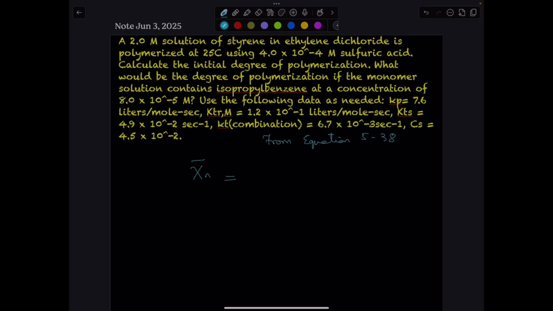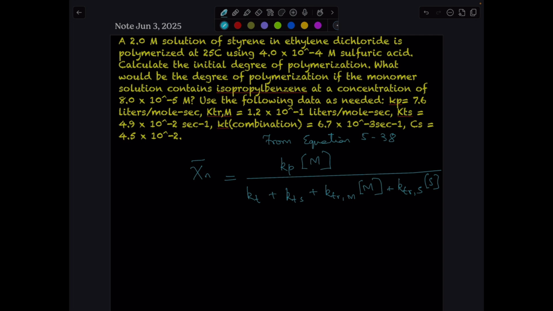Degree of polymerization is Kp times the monomer concentration over Kt plus Kts plus Ktr,m times the monomer concentration plus Ktr,s times S, where S is the chain transfer agent. For the initial case here, there is no chain transfer agent.